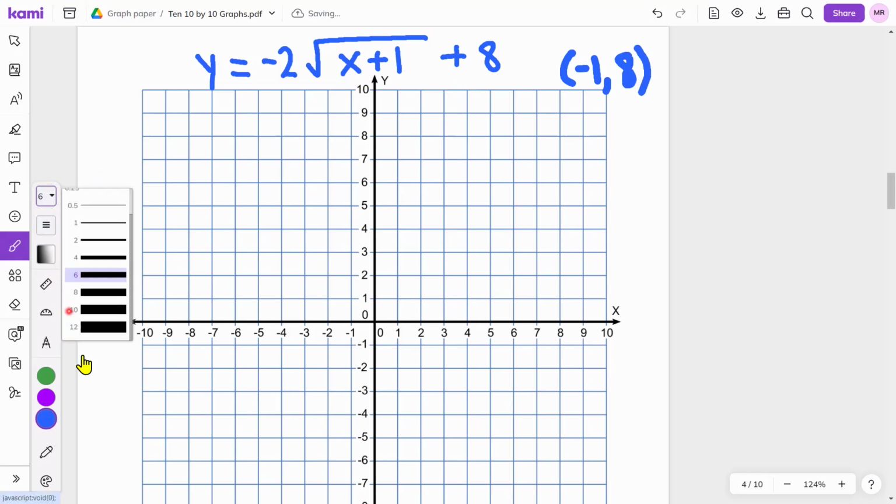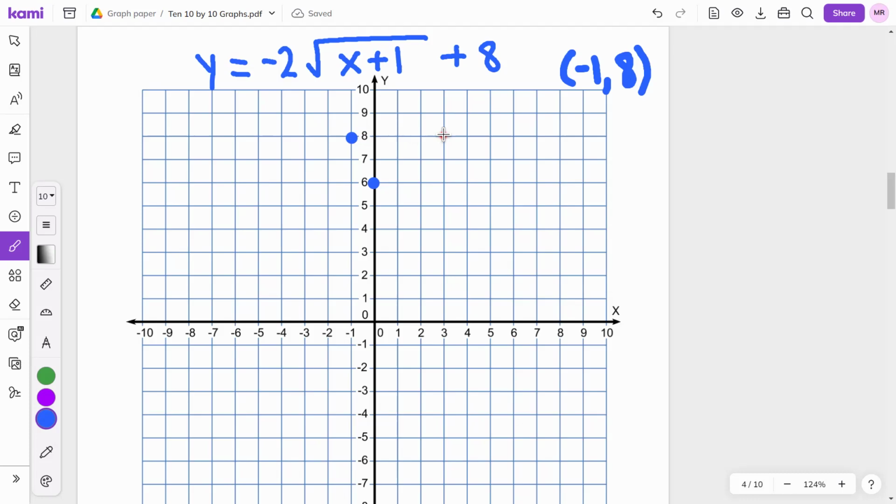And then once I start there, negative 1 comma 8, from here, I am going to draw a square root graph with a stretch of a negative 2. So when I go out 1, square root of 1 is 1, but I'm going to times it by a negative 2, so I'm going to go down 2. I'm going to go out 4 now. 1, 2, 3, 4.